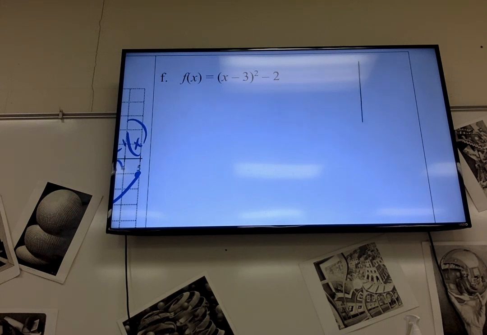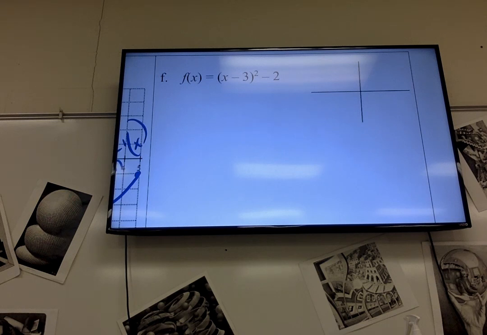You don't have to draw it perfectly, we just want to know what it would look like so we can tell if it's going to pass the horizontal line test. What shape is it going to be? It's going to be a parabola. Now, that's enough to know that it's not going to pass the horizontal line test.